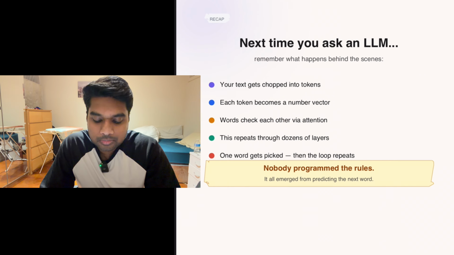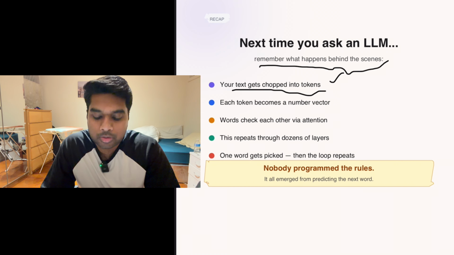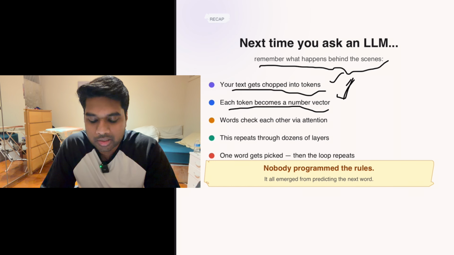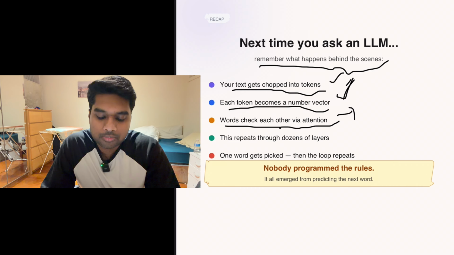So next time you ask ChatGPT, remember what happens behind the scenes. Your text gets chopped into tokens first, and then each token becomes a numbered vector, because LLMs do not understand words like humans do. The words need to be converted into numbered vectors, and then the words check each other via attention. Attention and feed-forward are the brain of LLMs, and then these repeat across dozens of layers.